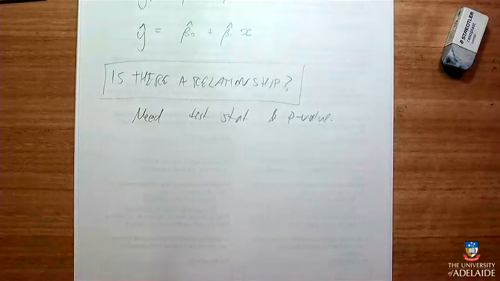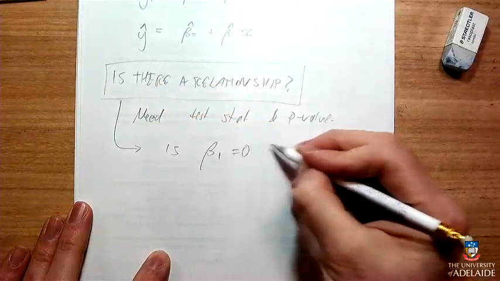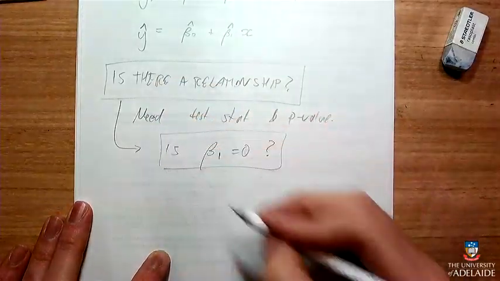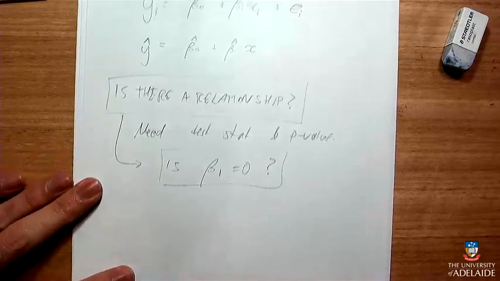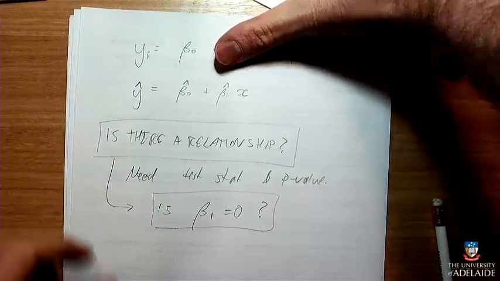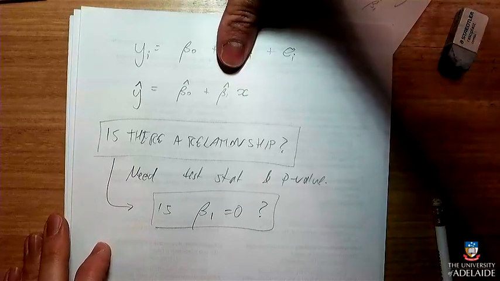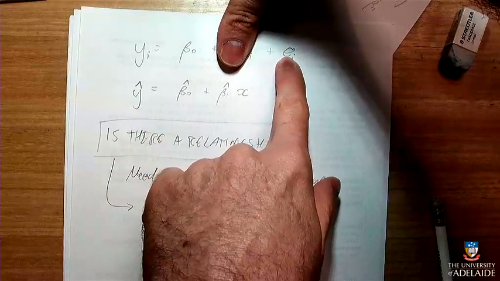So I have to turn the question into, is beta 1 equal to 0? Because if beta 1 was equal to 0, then my equation would be this. And it would just be some number and a random bit.